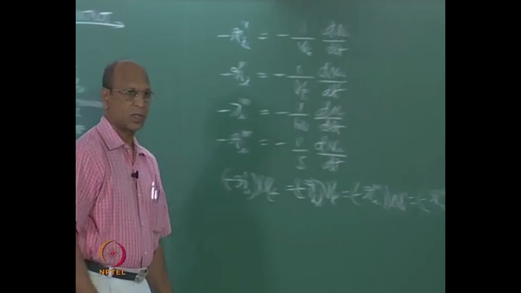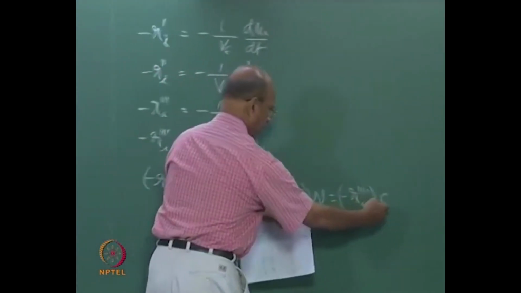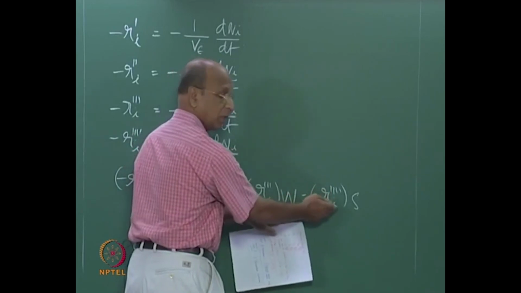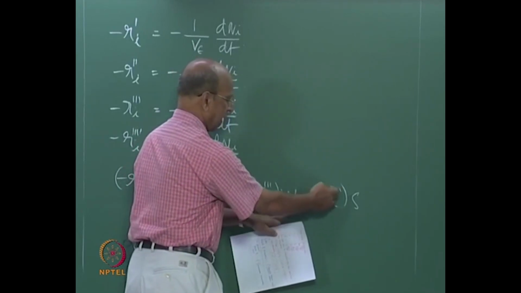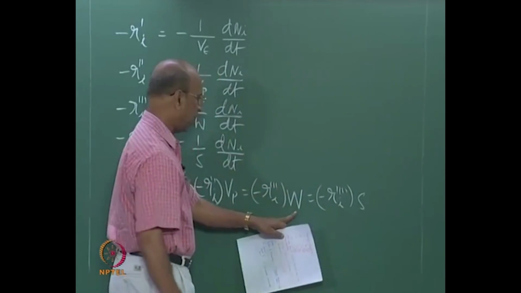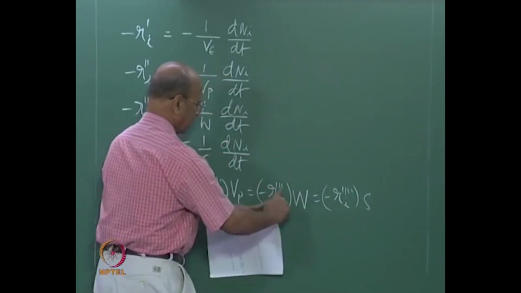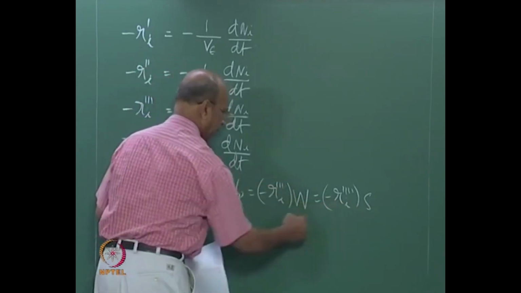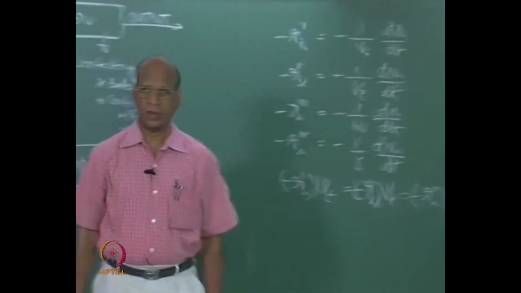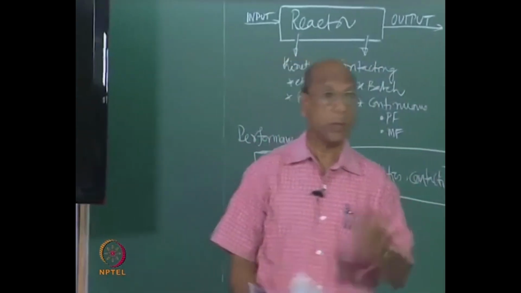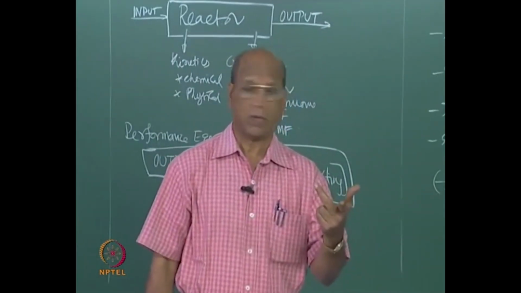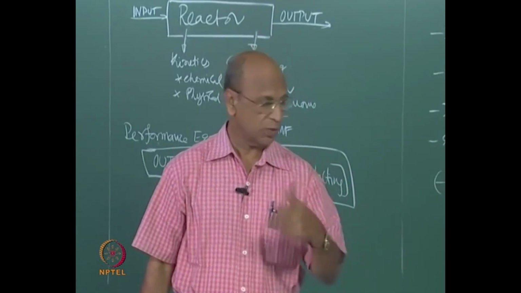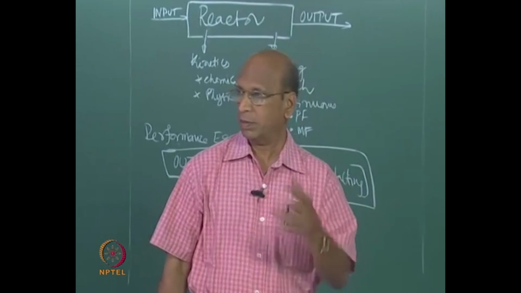For example, if I know the rate based on W, I would like to find out Ri double dash. Then this will simply be Ri triple dash W divided by S. I know it is a big problem, you may not know it now. In fact, yesterday Ranganathan was telling me about the same thing, because he was reading some gasification papers.